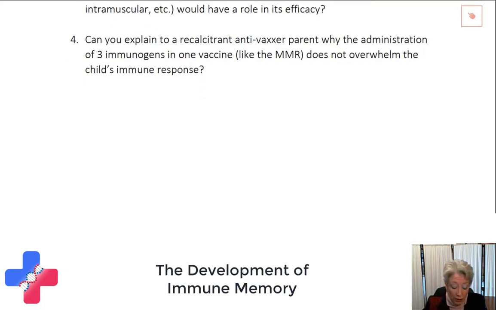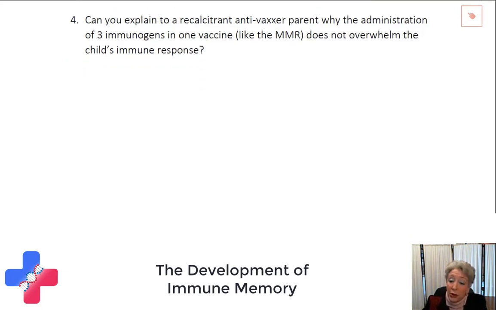Our final question: can you explain to a recalcitrant anti-vaxxer parent why the administration of 3 immunogens in one vaccine, like the measles, mumps, and rubella, does not overwhelm their child's immune response?